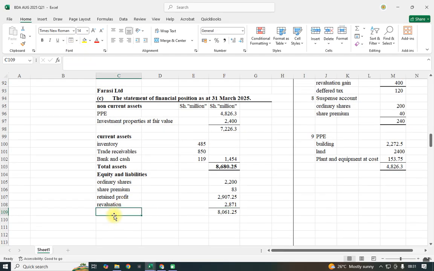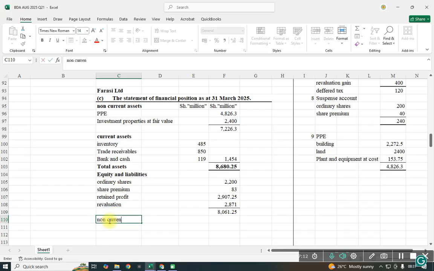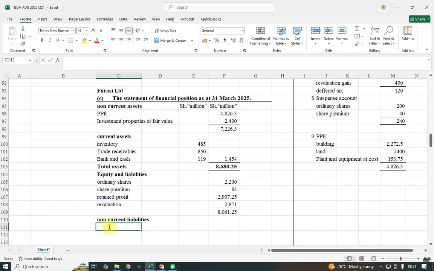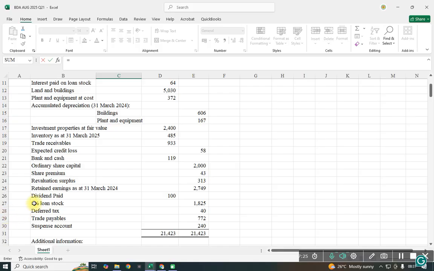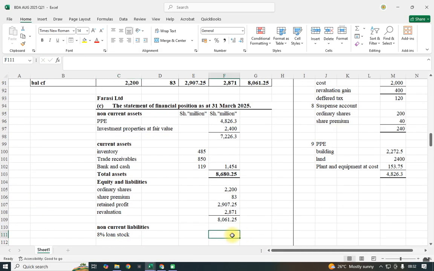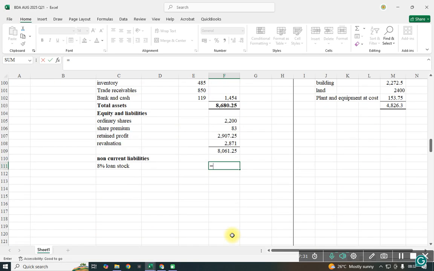Then we go to non-current liabilities. For the non-current liabilities, we have the 8% loan stock, which is 18, and it's not the only one.